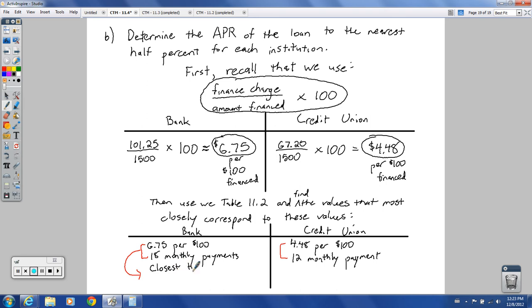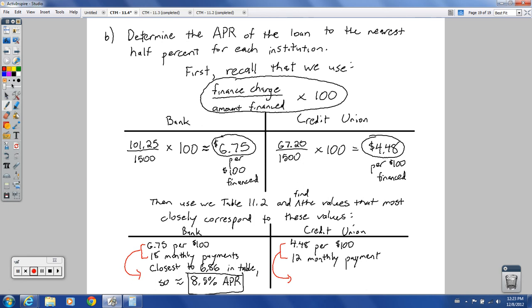So closest to 6.86 in the table. So here the APR being approximately 8.5% to the nearest 0.5% as we were told to find in the instructions.